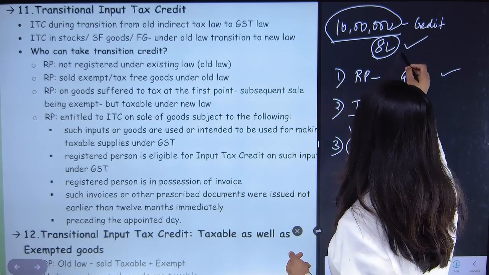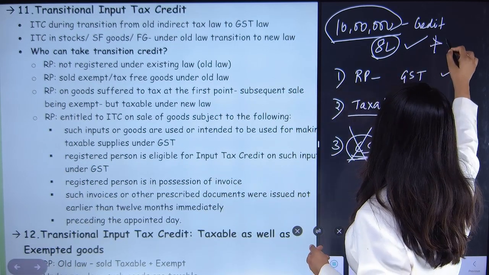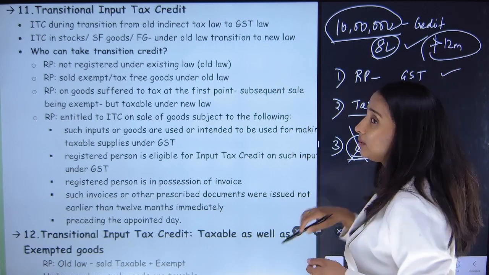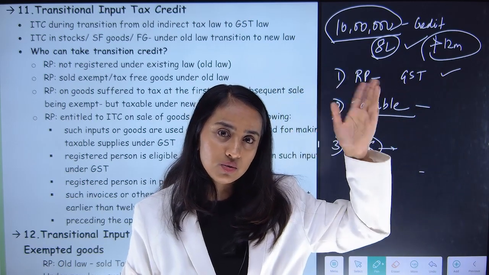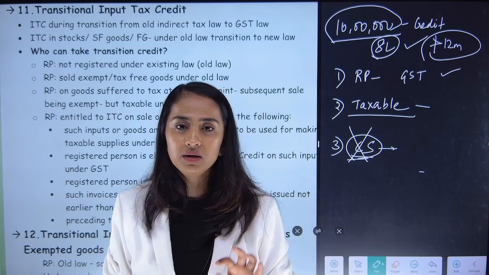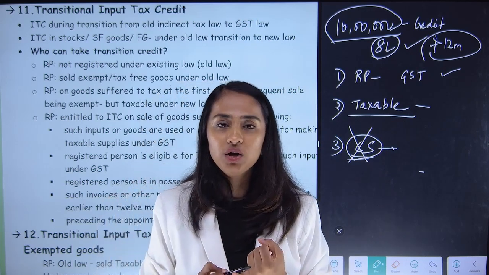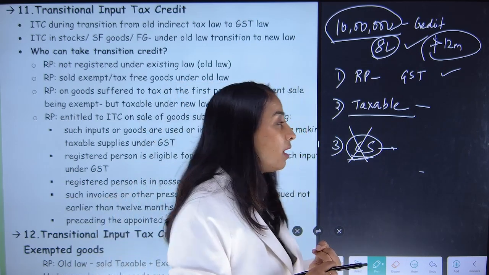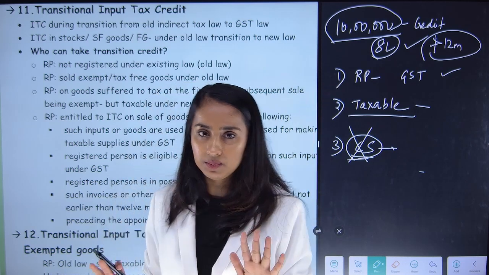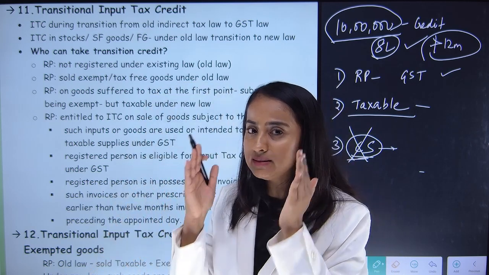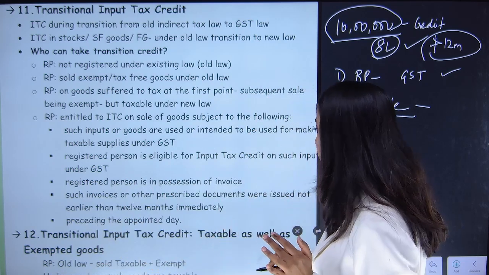And then such invoices cannot be more than 12 months old. So, I cannot bring 100 years old invoices and say, see that day I had purchased this, now you give me credit. No, not possible. So, these invoices cannot be beyond 12 months and then I should have an invoice to bring credit into the new laws. Simple. So, these are the plain simple things that you need to clearly understand.